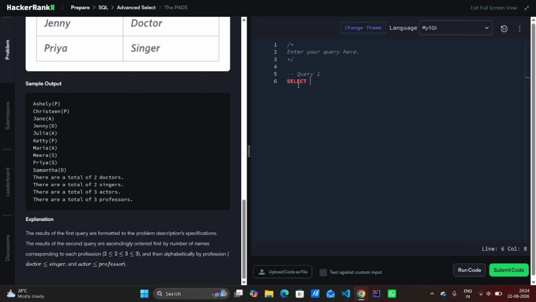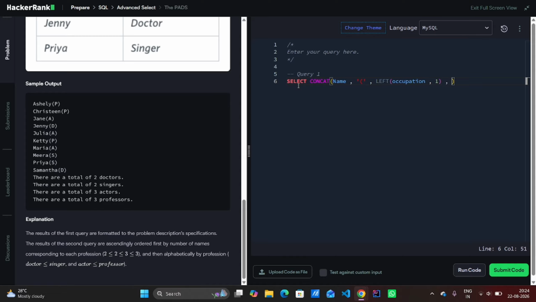So select, we will use the concatenation function, and the name, and we will use an opening parenthesis, and for the starting character of the profession, we will use left on occupation, the first character.